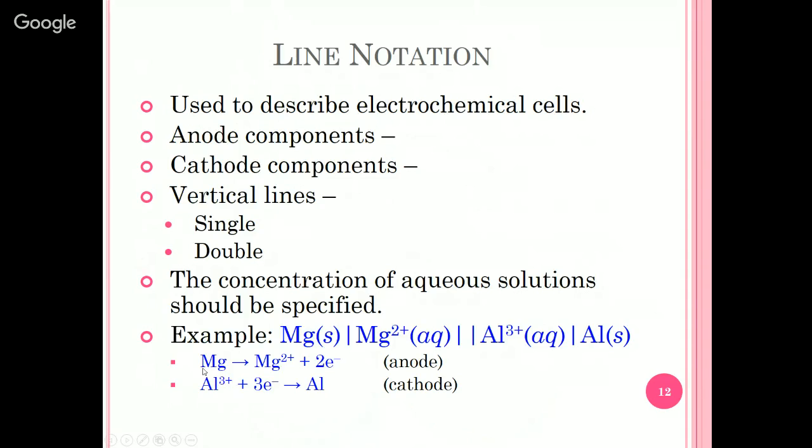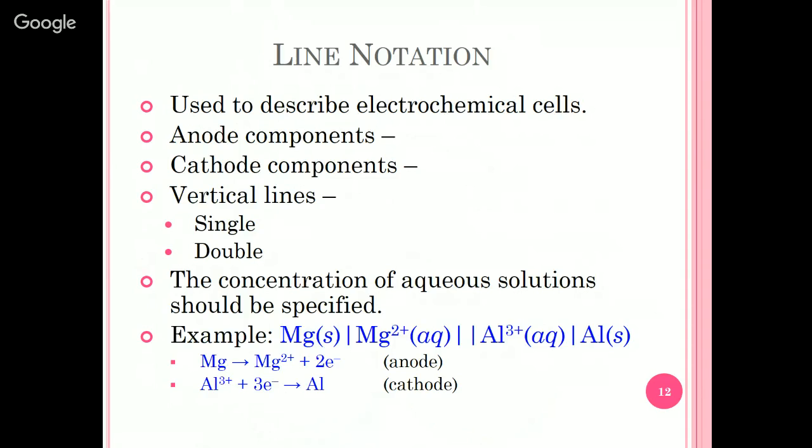Now keep in mind, if we were going to write out an overall balanced reaction for what's going on here, we would have to multiply everything here through by 3, because 3 times 2 gives us 6 electrons. We would multiply this equation through by 2 so that we can get our 6 electrons. Then we can add these equations together to get an overall balanced equation.